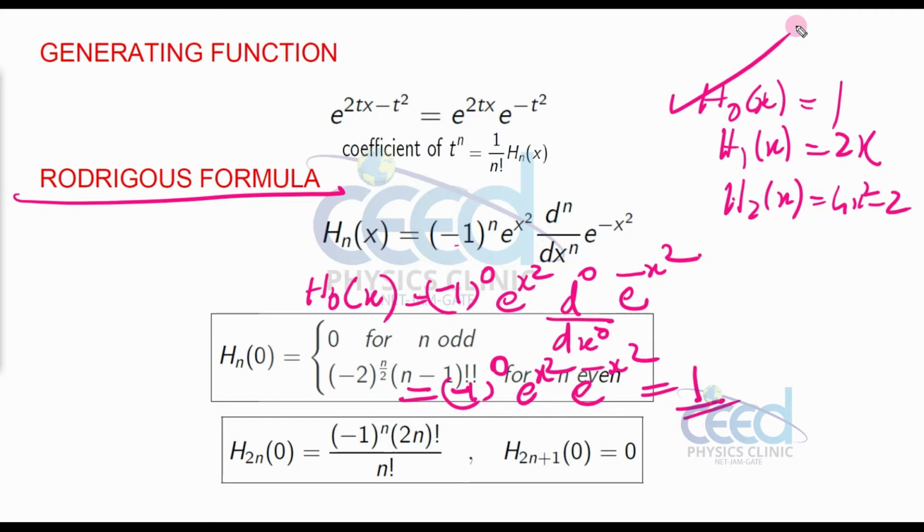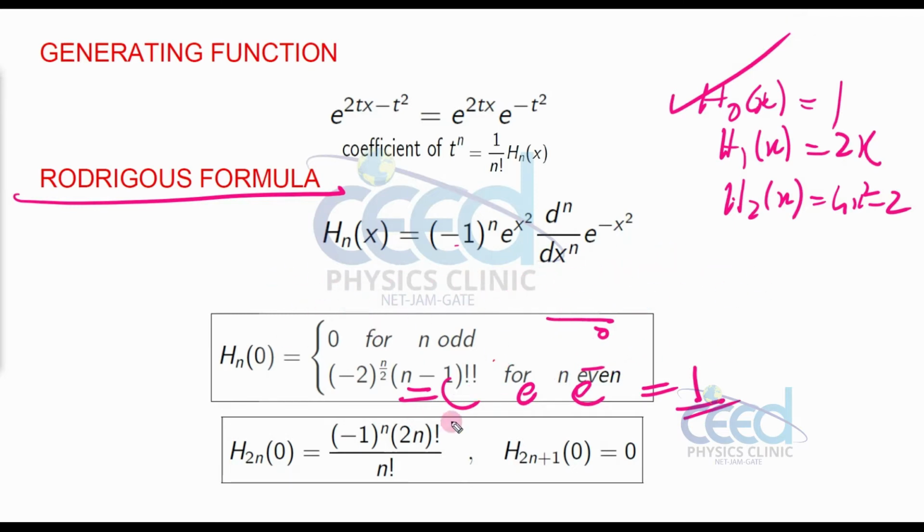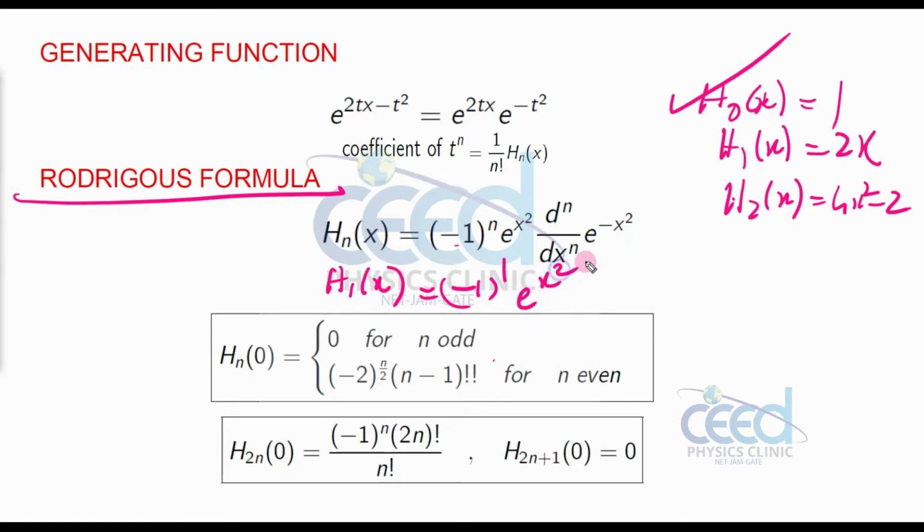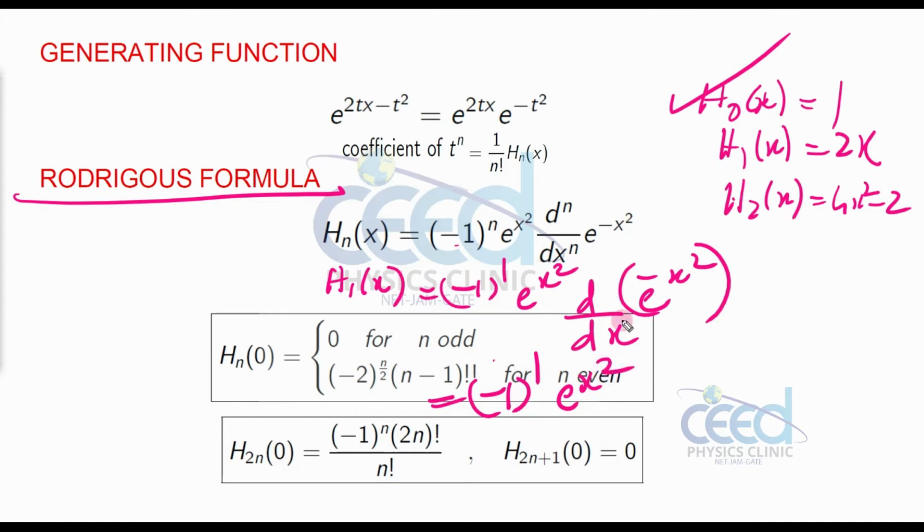Now let us check H1 of x. H1 of x is equal to minus 1 raised to 1, e raised to x square into d by dx of e raised to minus x square, right? What is d by dx of e raised to minus x square?